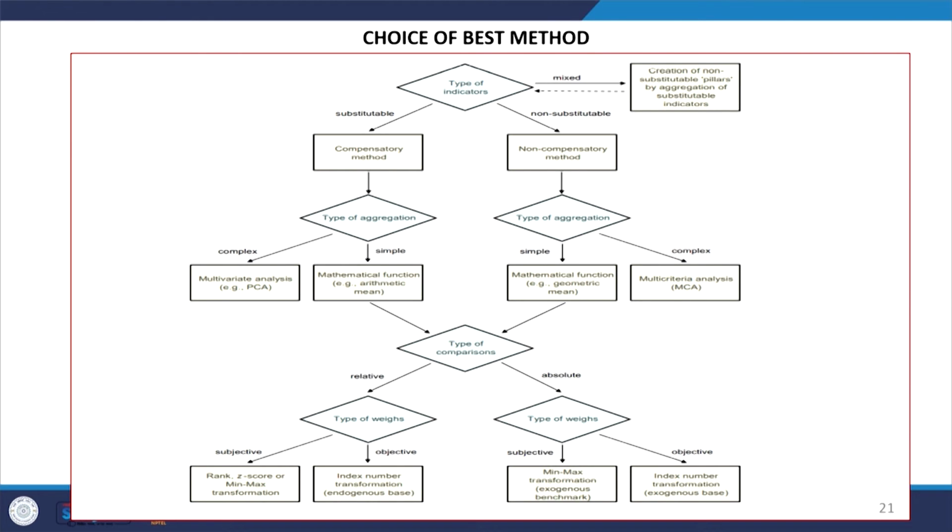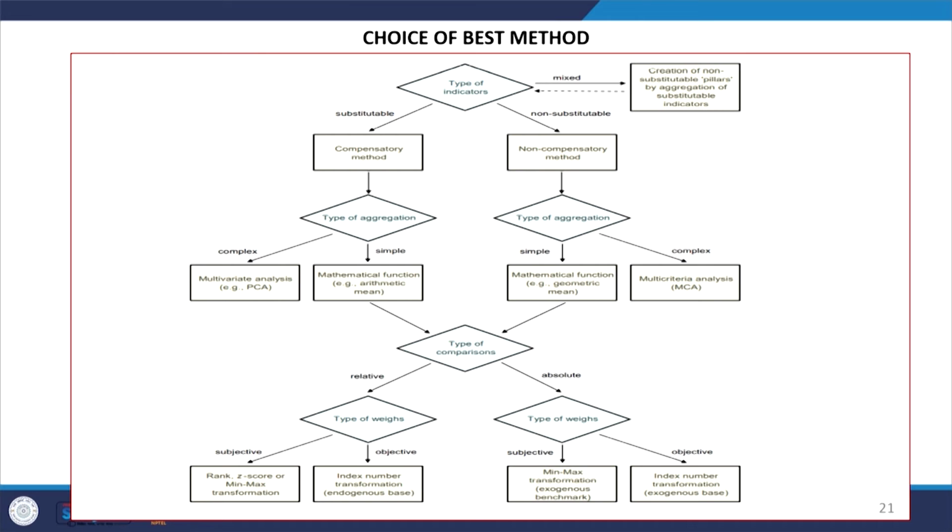Then we should go for the type of aggregation that we already discussed, and accordingly if it is complex then PCA is most used, else the simple mathematical arithmetic mean is applied. In the case of a non-compensatory method, in their aggregation, a simple geometric mean is also perfectly fine. In complex cases, it is called multi-criteria analysis, MCA, not only PCA.